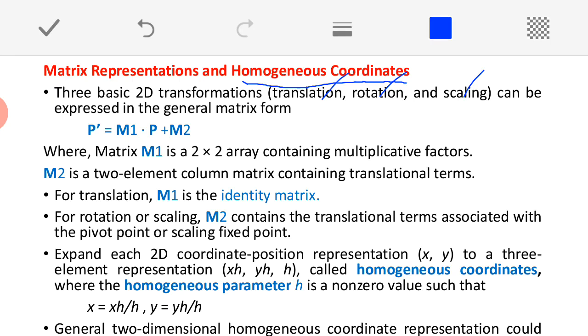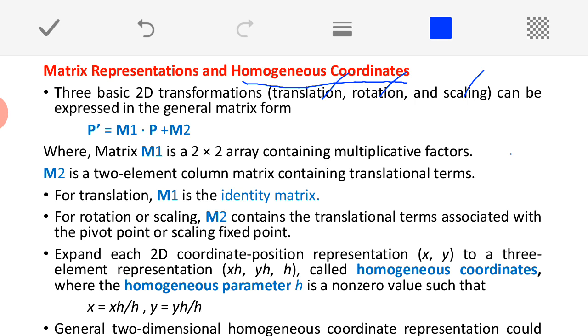In case of rotation, you perform multiplication, and in scaling you also perform multiplication. So one thing is confirmed: whenever I perform any of these transformations, sometimes I may need to perform addition or multiplication, or a combination of both.